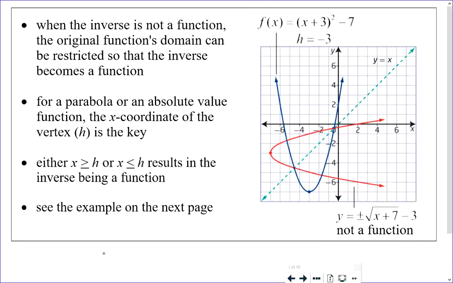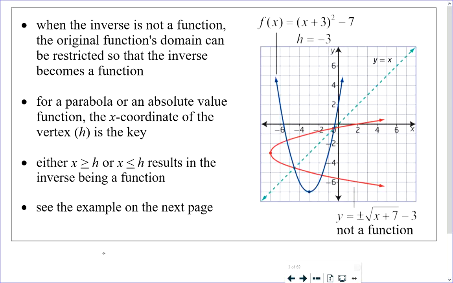So if I take a look at that blue graph, and these pages will be in a review handout that you end up getting. When I take a look at the equation of the blue function, it's y equals (x plus 3) squared minus 7. If you write that and you switch x and y and rearrange it, trust me, you're going to get the equation of the red graph, which is at the bottom of the screen.